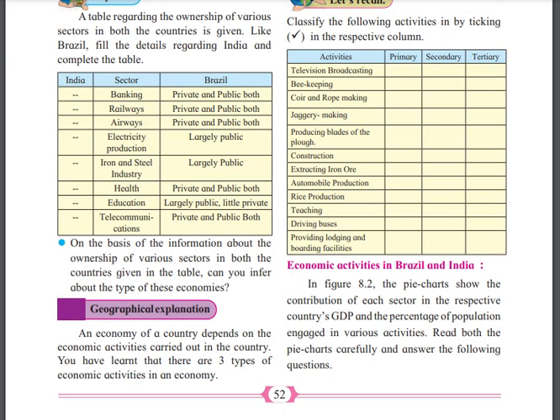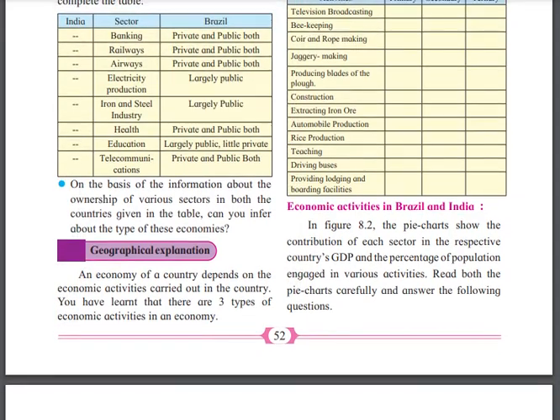Let's try to understand economy and occupation. Specifically, the economy of a country depends upon the economic activities carried out in the country. Okay, just listen carefully.